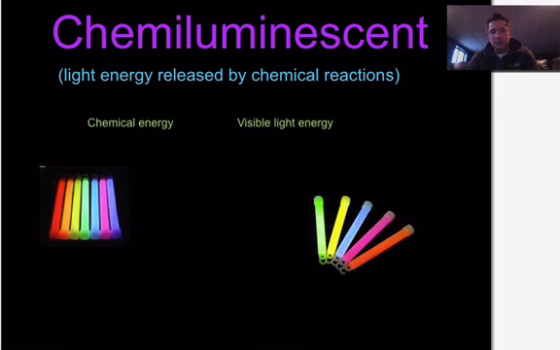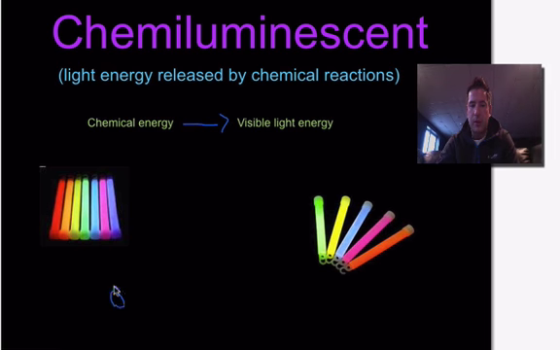And then the last one we'll touch base on is called chemiluminescent. That's light energy released by chemical reactions. So I have chemical energy, and it's being converted into visible light, through an exothermic reaction, which gives off light or heat. In this case, we have some chemicals inside our glow stick. We have a barrier in the middle, chemical 1 over here and chemical 2 over here.